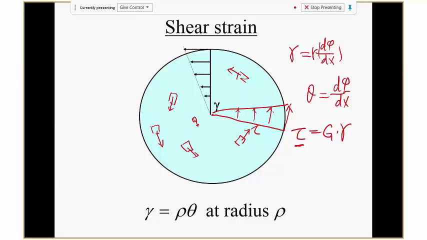Now, how much resultant force are you going to get? Would that be 0? I would say it's 0. Whenever I have a part with a force here, tau times the area gives me a force pointing this way. On the other side, I have an element with the same shear stress but in the opposite direction. Whenever I have one here, I have another one there, and they cancel out.